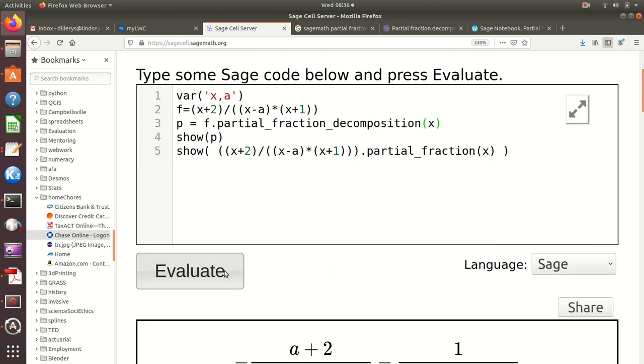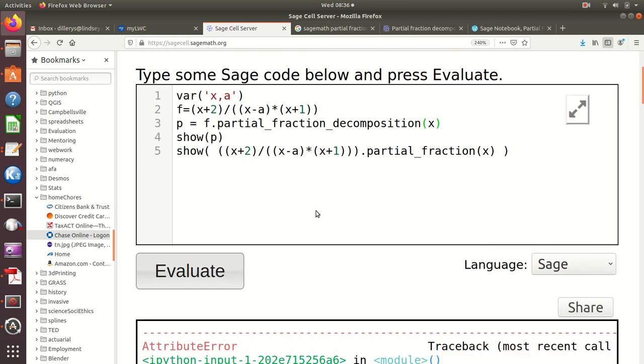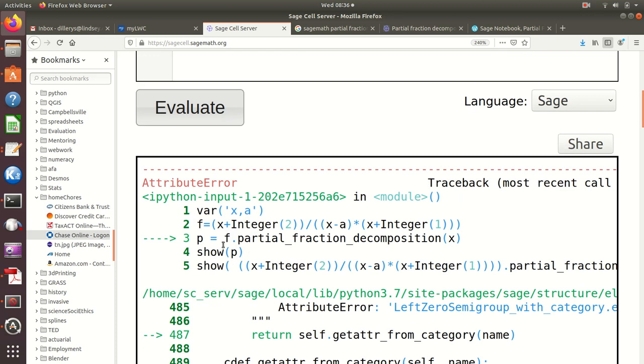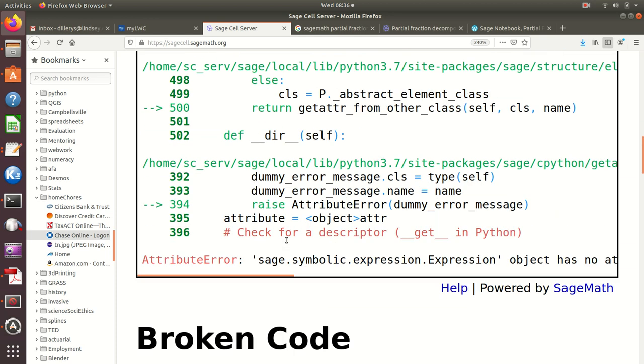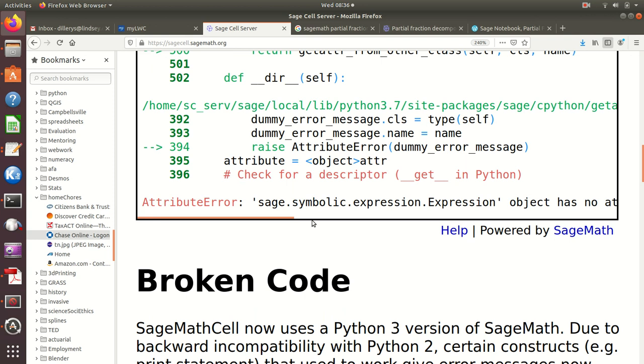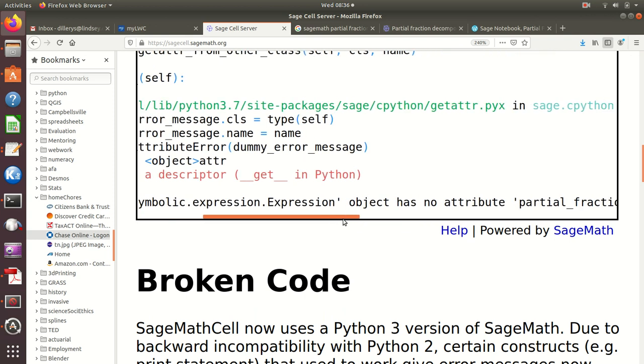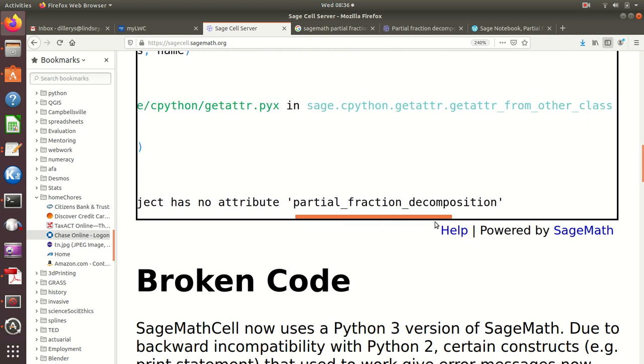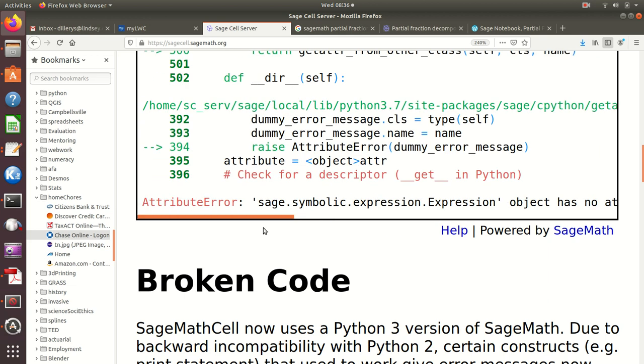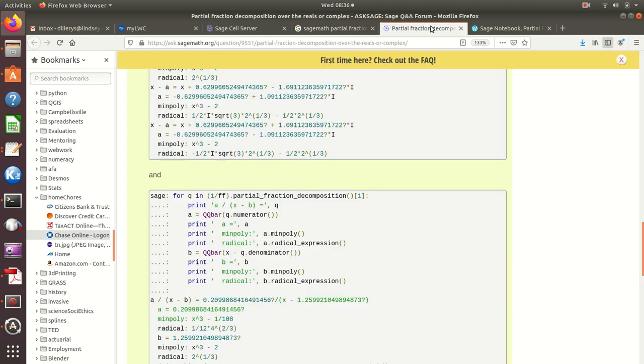So let's just see what happens when we do. Okay, so it didn't like that. What did it say? Symbolic expression has no attribute partial fraction decomposition. Okay, I'm going to look back really fast, and now that one has it empty.